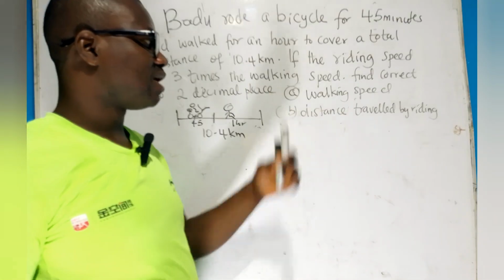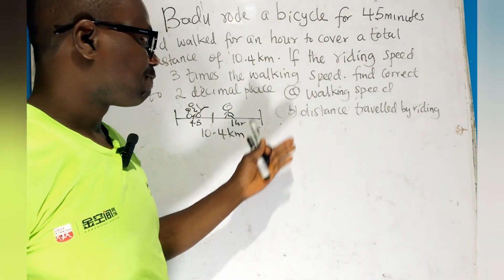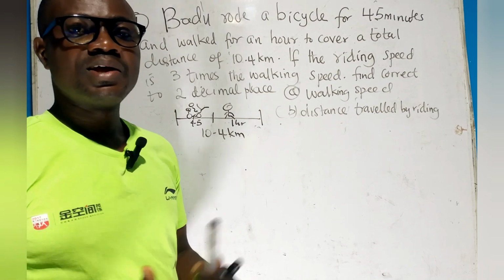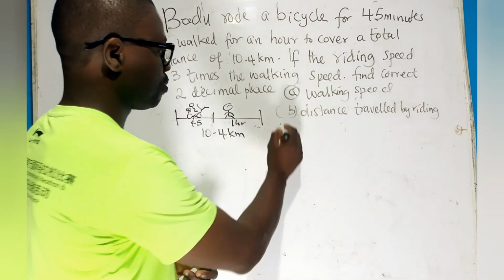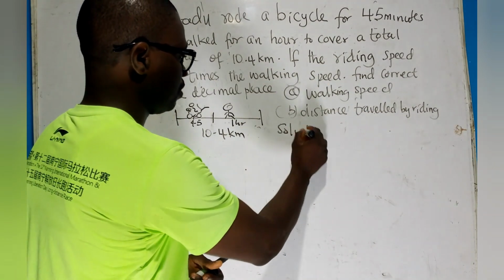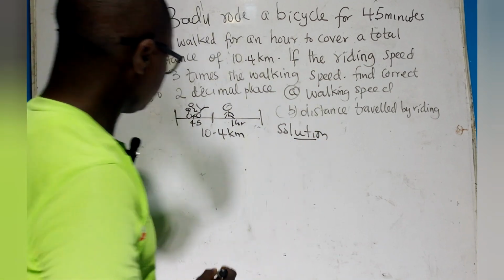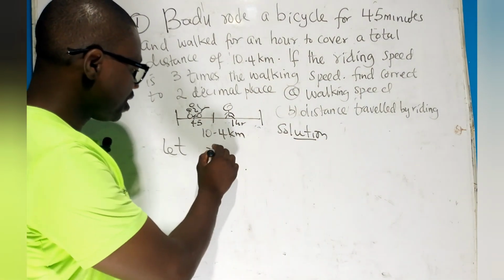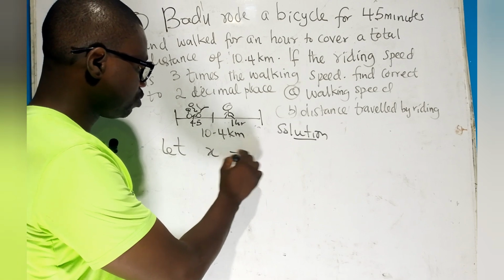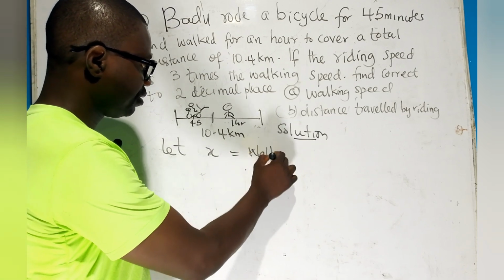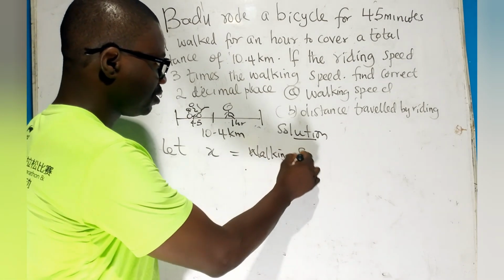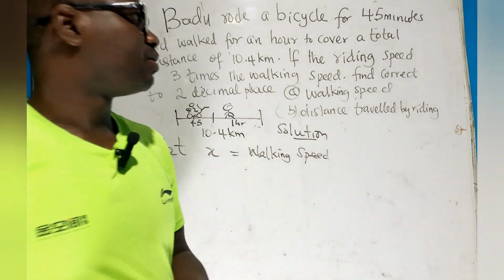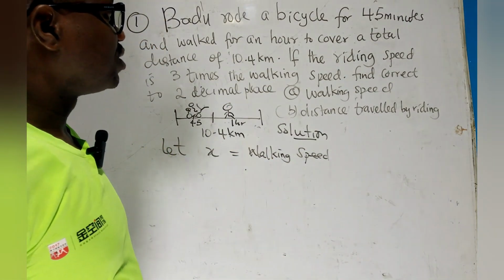Now the question is asking us to find the walking speed. Now let's represent the walking speed by x. So let x be equal to walking speed. Now let's go through the question.